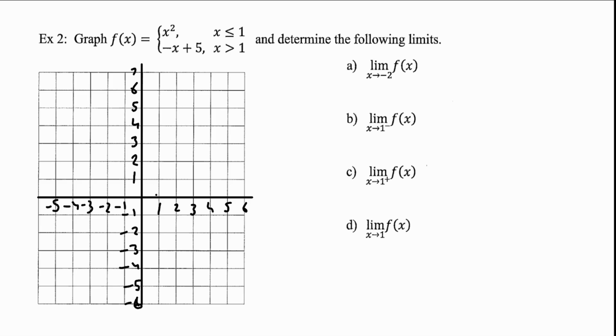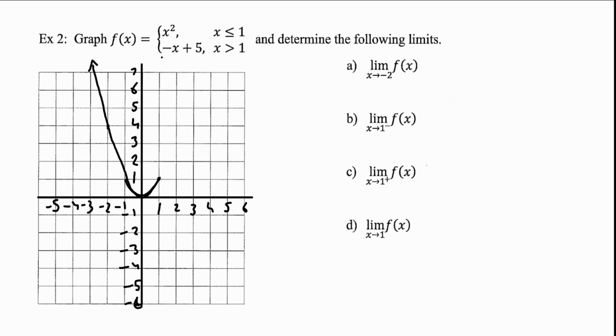So here we have 1. At x equals 1, x squared is just equal to 1. And then it will look something like this. And this will go on forever.